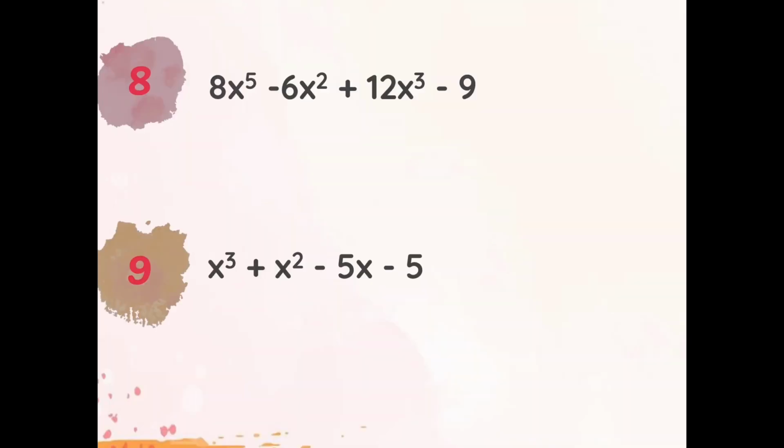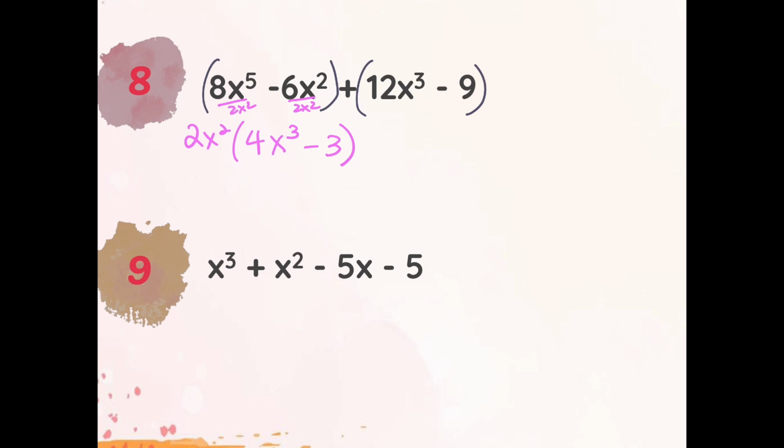Okay, try it with 8. 4 terms. They're not all divisible by the same thing, because then I would try to factor out a greatest common factor, but they're not. What can I take out of 8x to the 5th minus 6x squared? 2x. Good. So divide and divide. This becomes 4x to the 3rd minus 3.